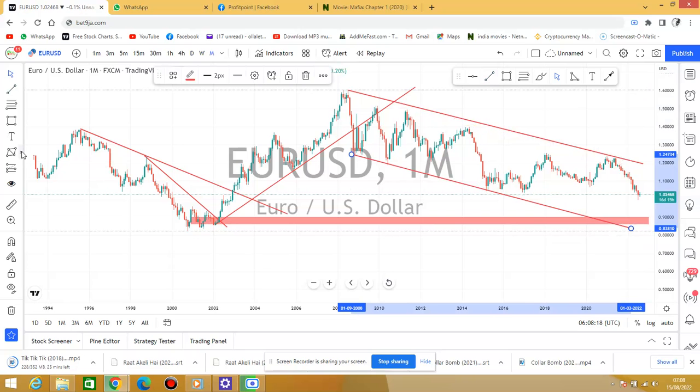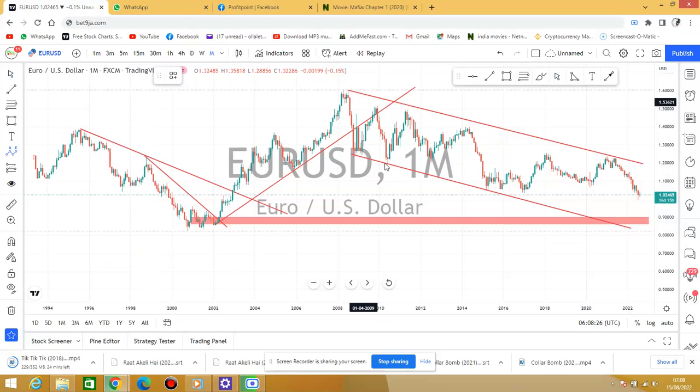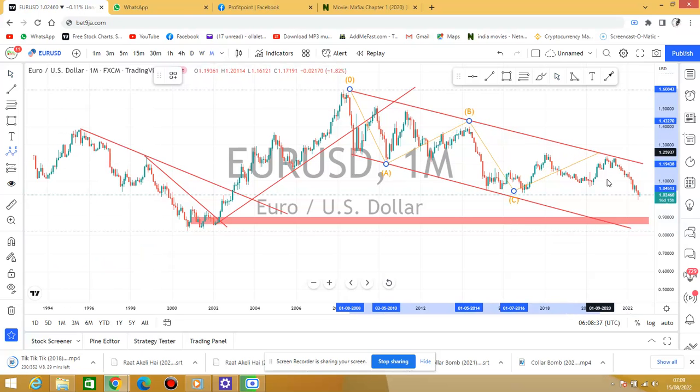Those people who know how to use Elliott wave might say, from here, perfect Elliott wave. So we are expecting, this is our D now.